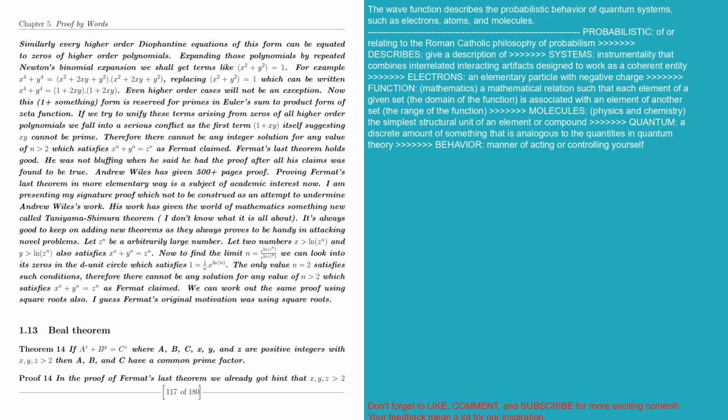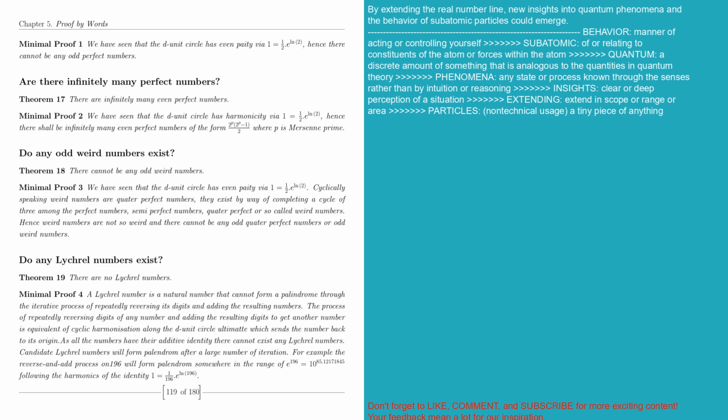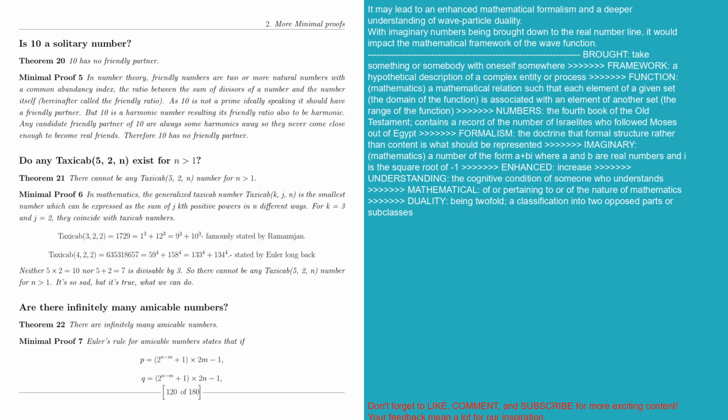The wave function describes the probabilistic behavior of quantum systems, such as electrons, atoms, and molecules. It provides information about the particle's position, momentum, and other physical properties. By extending the real number line, new insights into quantum phenomena and the behavior of subatomic particles could emerge. It may lead to an enhanced mathematical formalism and a deeper understanding of wave-particle duality.